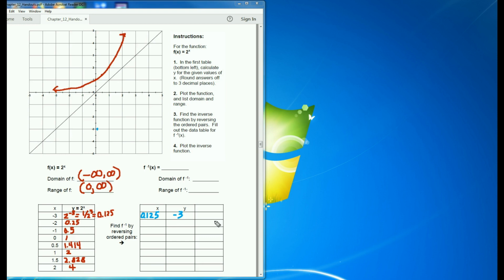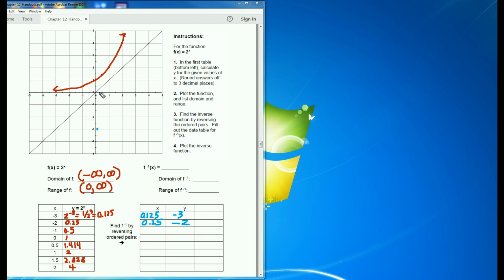All right, so now let's just switch all those ordered pairs and write the inverse function, basically. So this is 0.25 and negative 2. Let's go ahead and plot that.